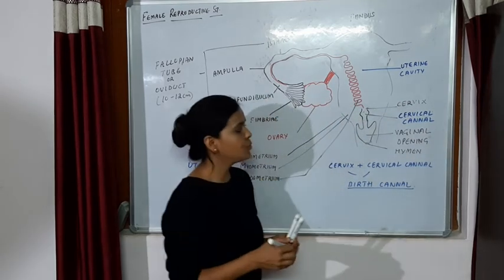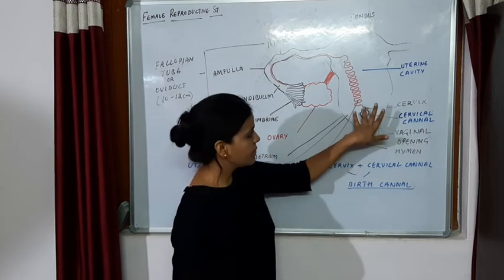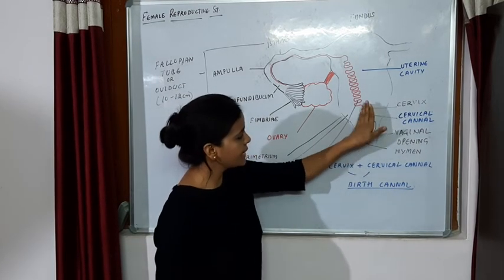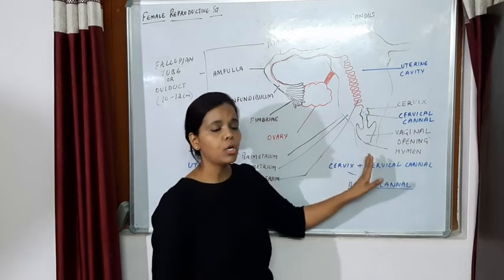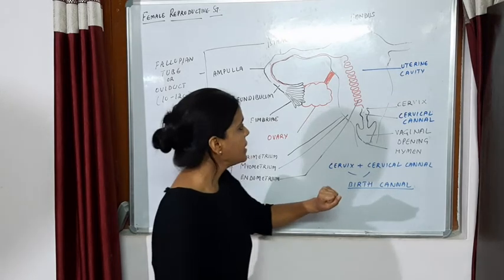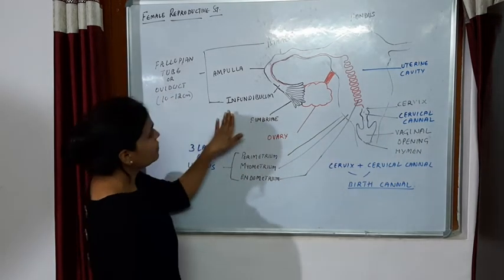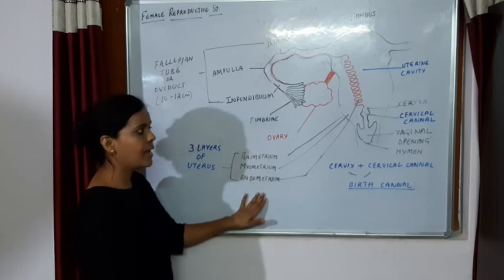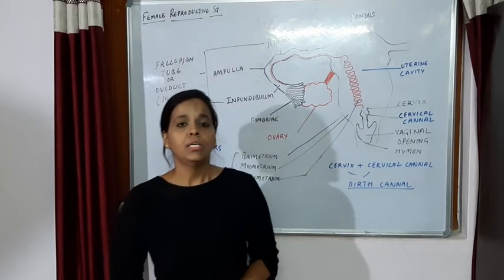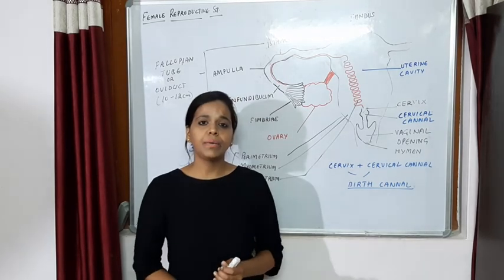So during parturition, the cervix and the cervical canal act as the way from where the baby is delivered or expelled out. Now we have discussed all the structures in detail, and these are the different layers. So with this, we have completed the female reproductive structure.